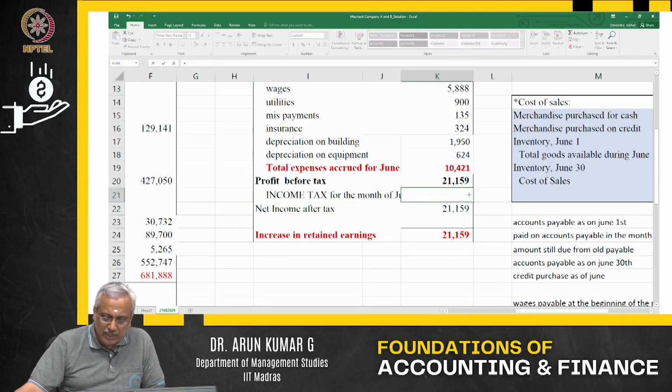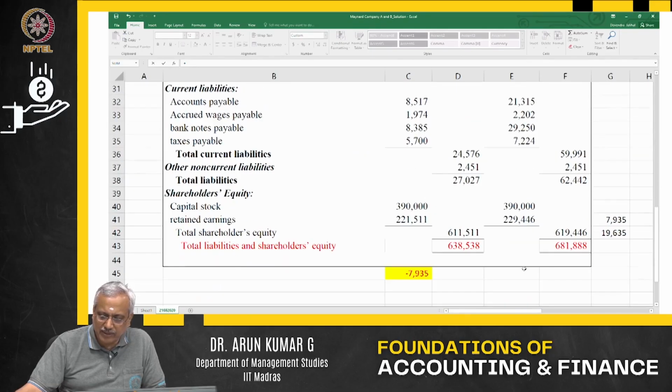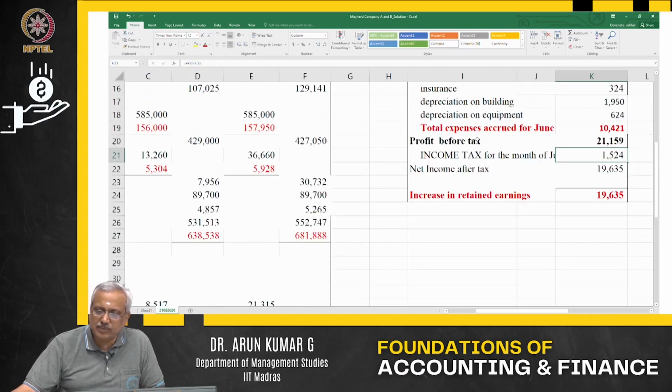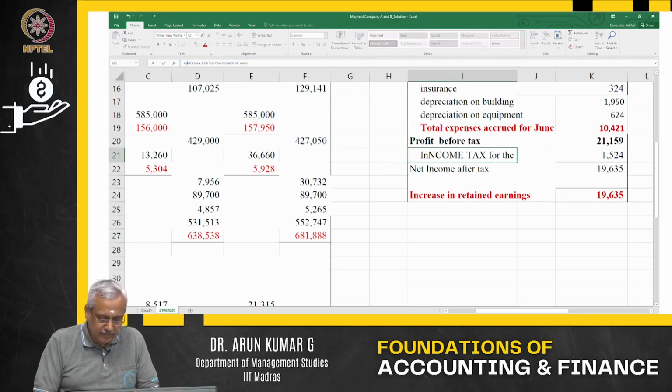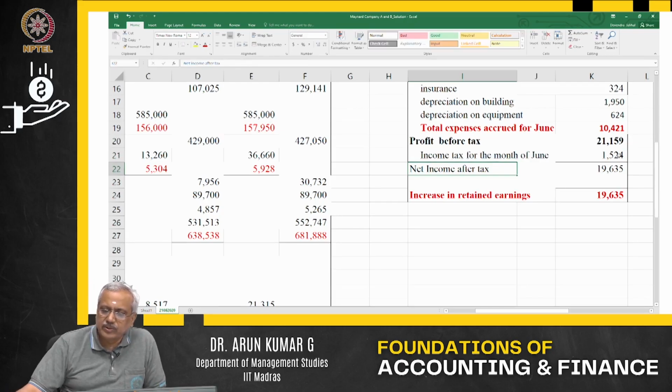It's whatever is due at the end of the month minus what was due at the beginning of the month. That is the tax pertaining to the month of June. Income tax for the month of June is 1,524.